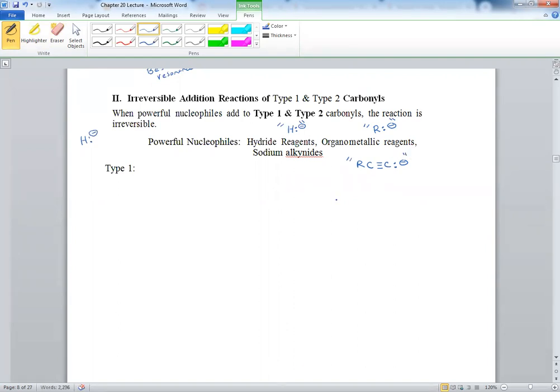Now, briefly, we've drawn this before, but basically what happens is if you have, let's say, a ketone, and let's say you react this with a powerful nucleophile, so you need to remember that the outcome in the middle would be this. And then one further step to protonate.